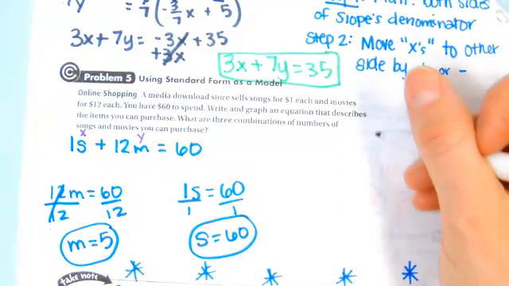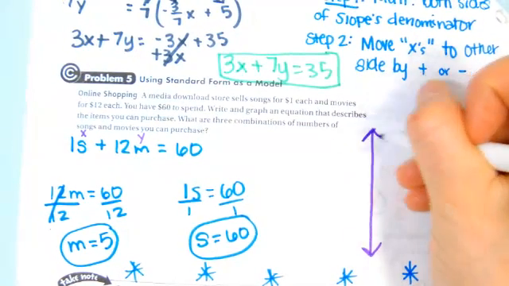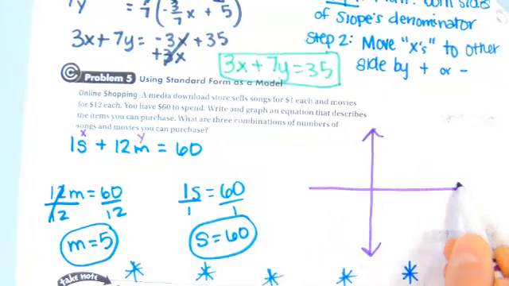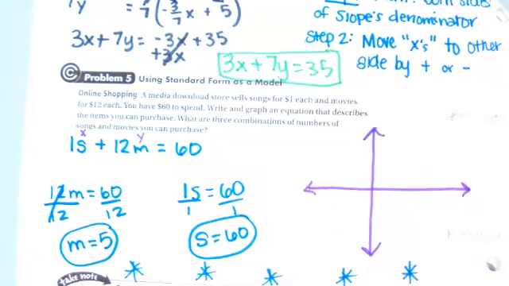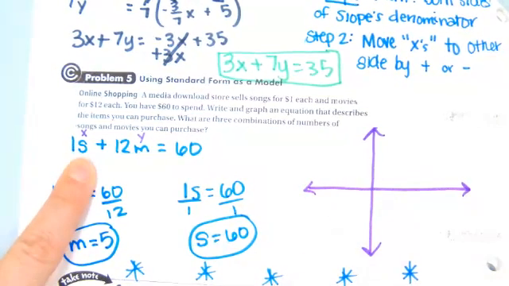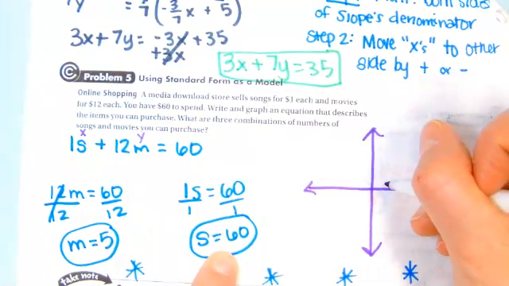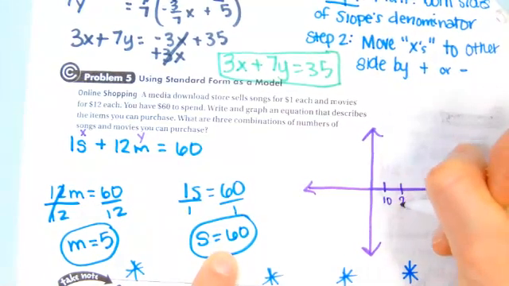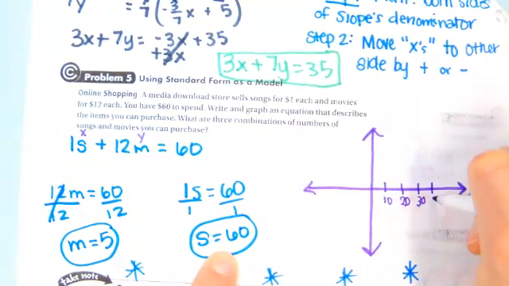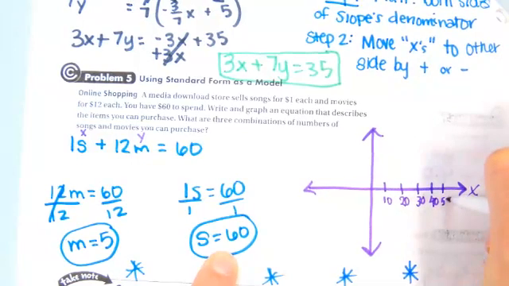Okay, so when I graph it, all right, my songs, my x-intercept is how much? 60, right? So on the x, I got to go up to 60. Can I go by tens? If I label it, I can. All right. So there's my x-intercept.